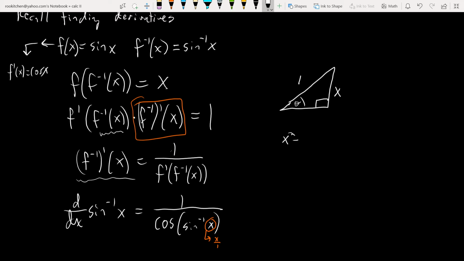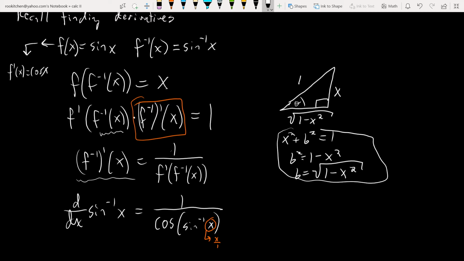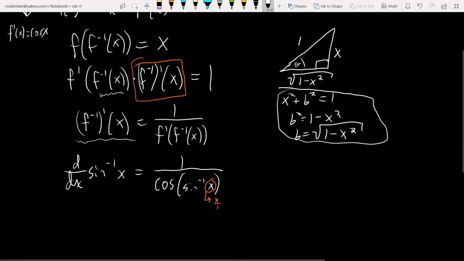So it's x squared plus the third side, b squared, equals 1 squared. b squared is 1 minus x squared. And then b is plus or minus, but for us, we'll go with the square root of 1 minus x squared. Okay, so square root of 1 minus x squared for the third side. And then we could do a substitution for the cosine of sine inverse, which is basically the cosine of this angle, right? So cosine is adjacent over hypotenuse.